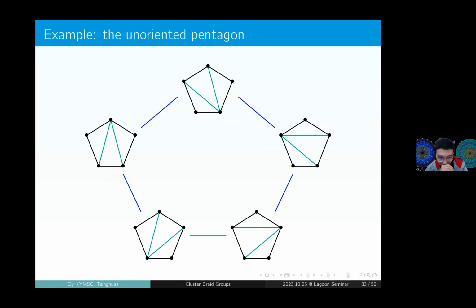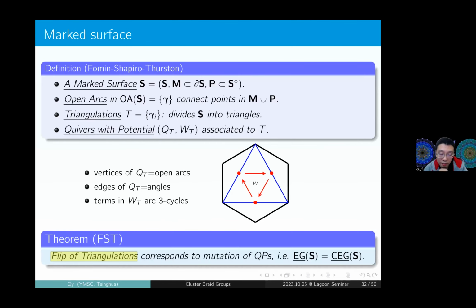It's just flipping the diagonal in a square. And then you can get this cluster exchange graph. As I mentioned, that's all the information I need to take from cluster theory. Basically in the surface case, if you give me a marked surface, we can easily produce this cluster exchange graph as the exchange graph of triangulations.